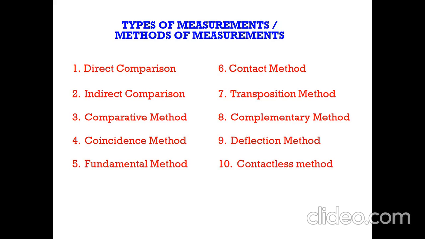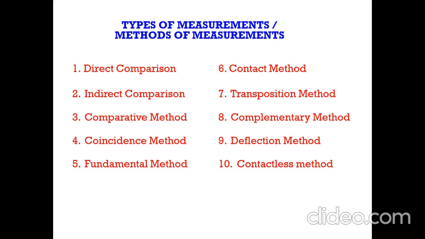The methods of measurement can be classified into 10 categories. So what are they? Direct comparison, indirect comparison, comparative method, coincident method, fundamental method, contact method, transposition method, complementary method, deflection method, and the final one, contactless method.